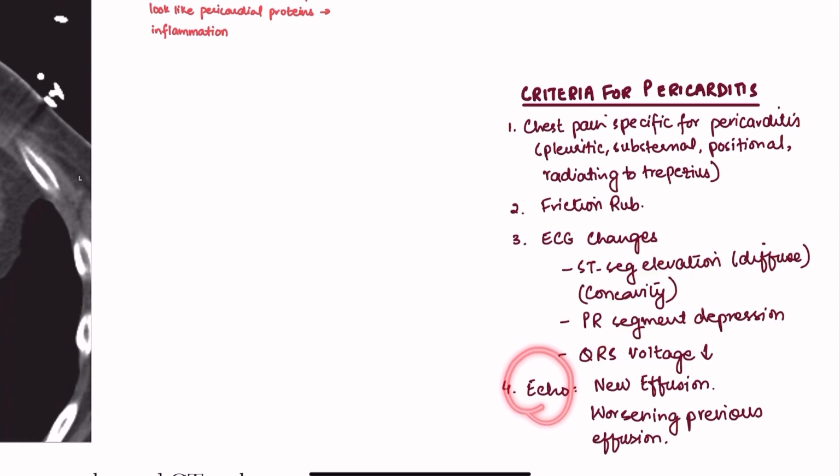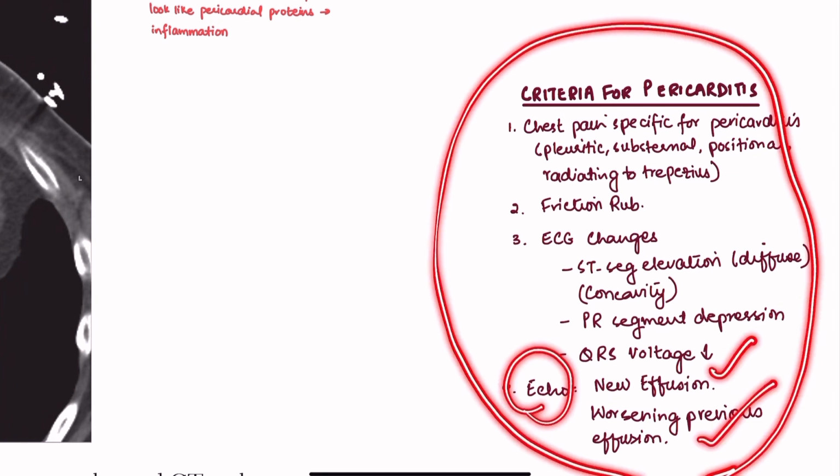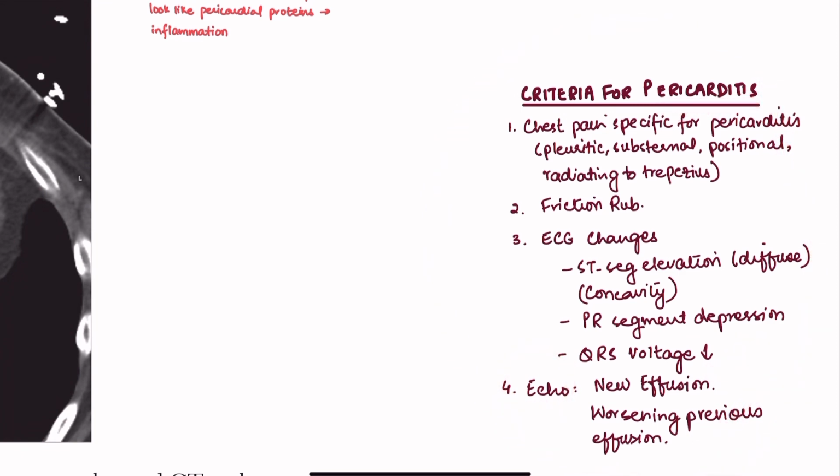On echo, you will find a new effusion and the worsening of previous effusion. So these are some of the things that might conclude that you have pericarditis at hand and you need to treat it with ASA or colchicine or maybe steroids or pericardiocentesis or drainage and all of that.